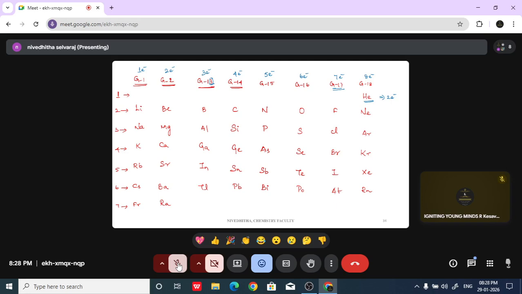And I want you to tell me the number of lone pairs and the number of bond pairs. 2 lone pairs and 1 bond pair, ma'am. Come again, Kanna. 2 lone pairs, ma'am. 1 bond pair, correct, ma'am?